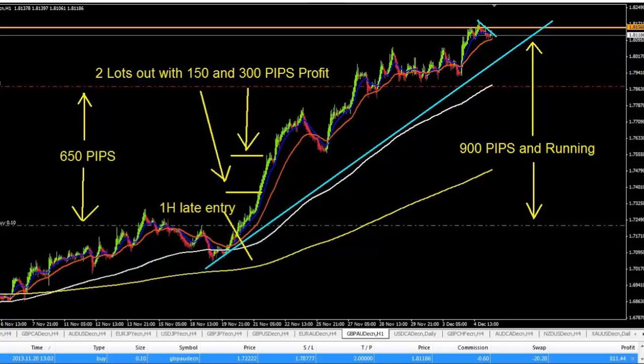Okay, great. So we had a 1 hourly late entry, price bounce on the 200 here. That is, if I'm not mistaken, GBP Aussie, right? GBP Australian dollar.